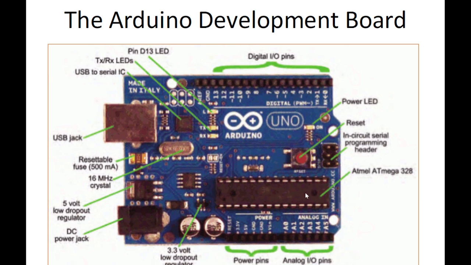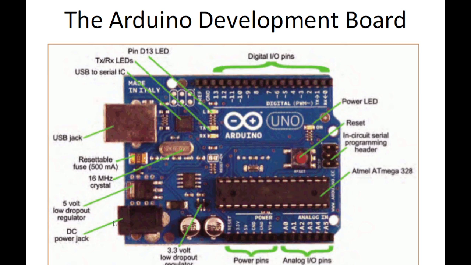The other important part, this is the USB connector, and this is what we use to program the microcontroller. There is another way we can program the board, which is this in-circuit serial programming header. If you have that particular adapter, you can also use this to program the microcontroller.